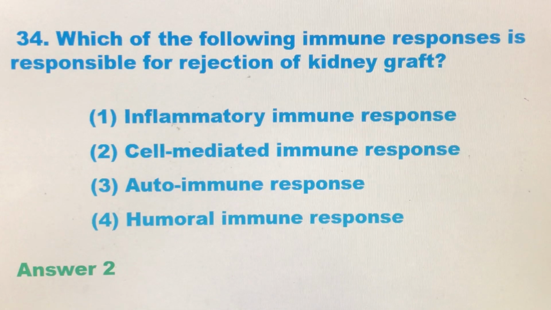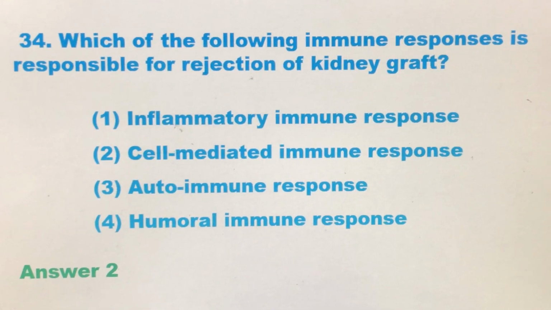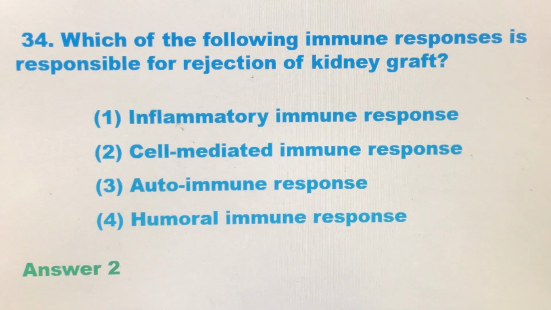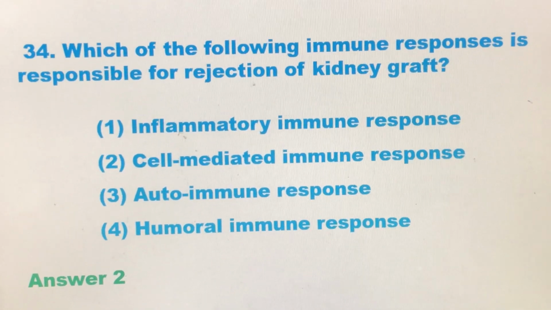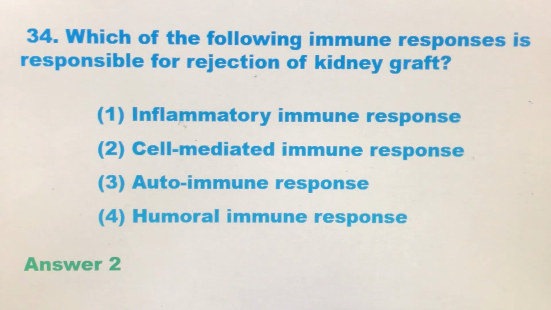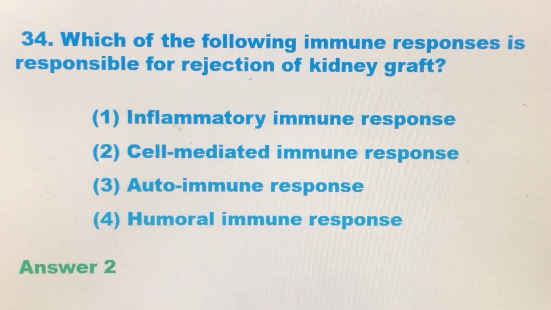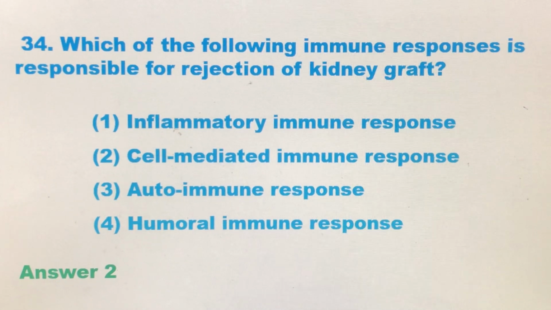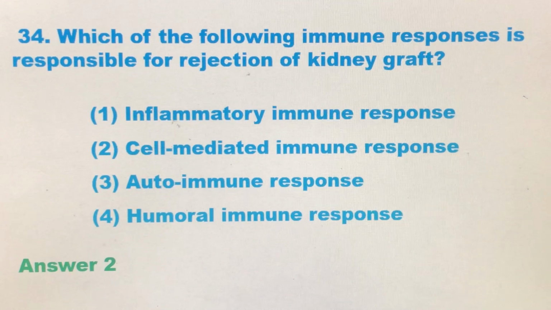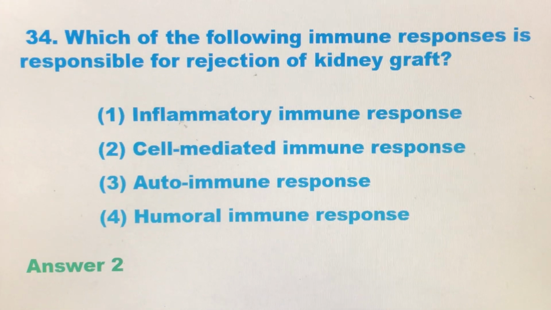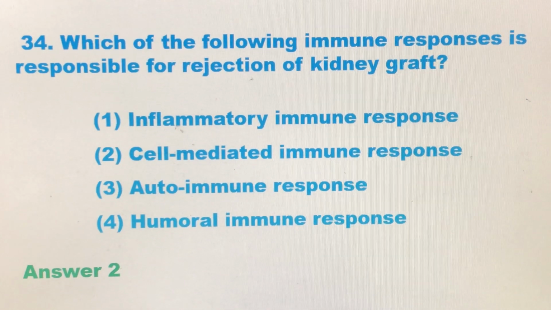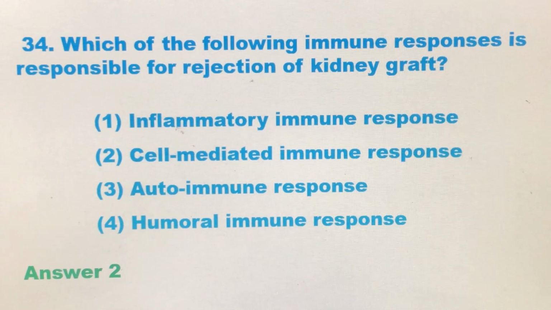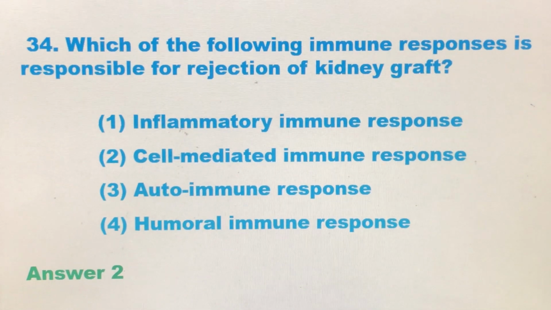So what happens during a transplantation is, the kidney is transplanted from one person to another person, and if this transplanted kidney does not have a tissue specific match with the recipient, then the recipient actually rejects the kidney, and this rejection of the kidney is due to the immune mechanisms.